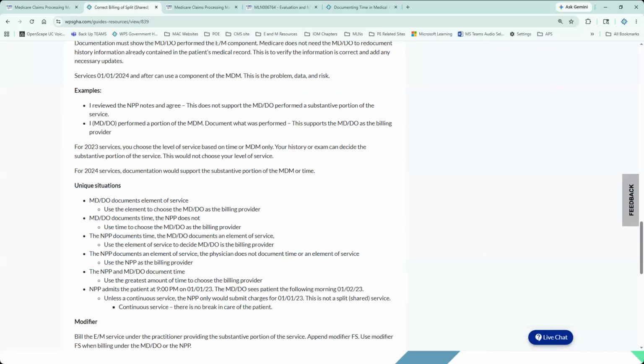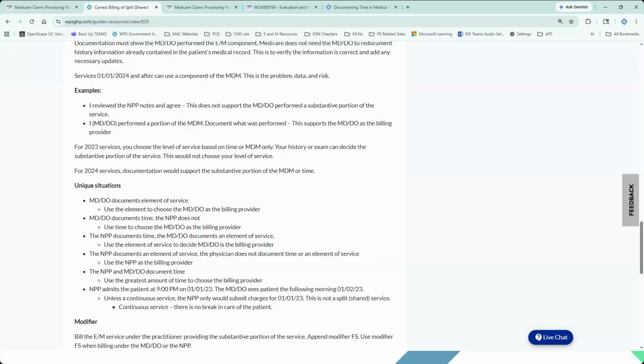For split shared services, it's really about who performed the substantive portion of that visit, whether that's the greater than 50% of the time or the substantive portion of the medical decision making. So it would also apply to time. That is something you're going to have to determine based on the documentation.